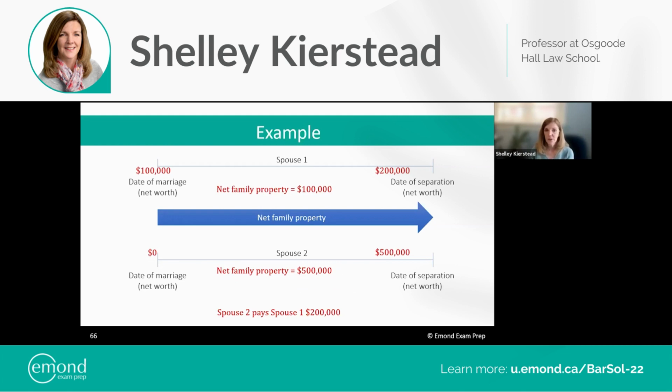Absent any extraordinary circumstances that would suggest an unequal division, we divide that difference by 2. So 500 minus 100 is 400, divide it by 2, and that's the amount that the spouse with the higher net family property amount would be required to pay the spouse with the lower net family property value.